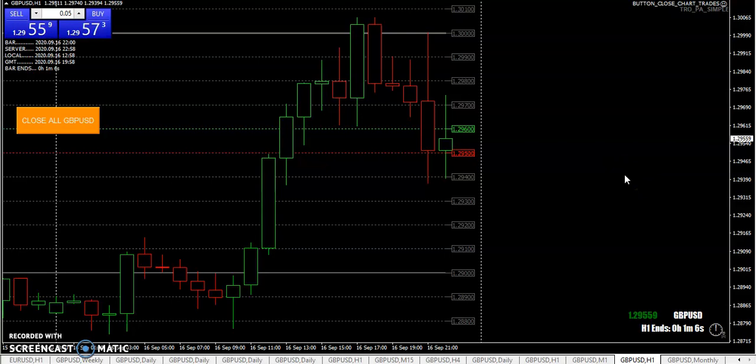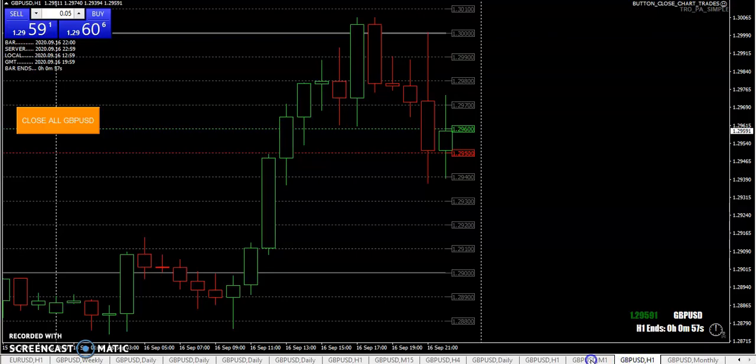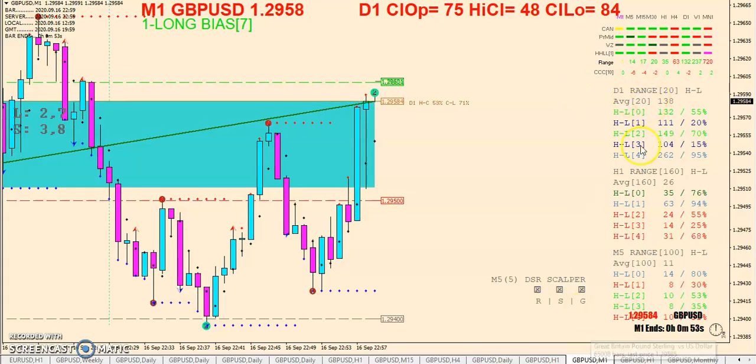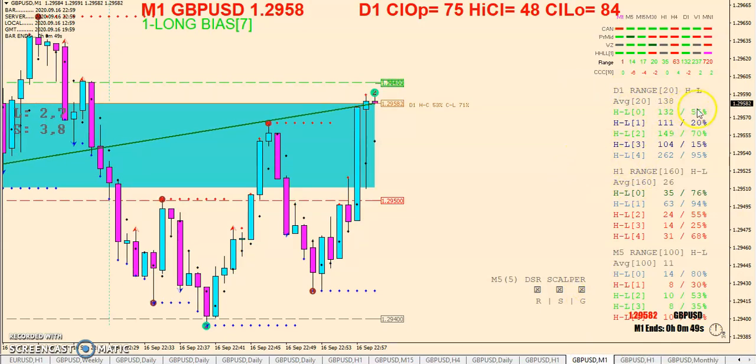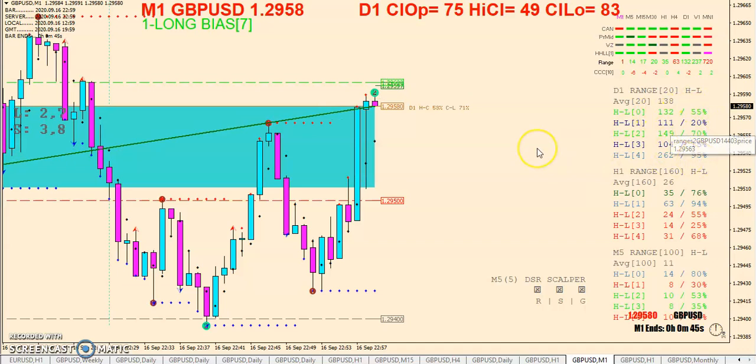Other indicators do price analysis, for example my smart range indicators, where they'll tell you what percentile the current range and the previous ranges were in.